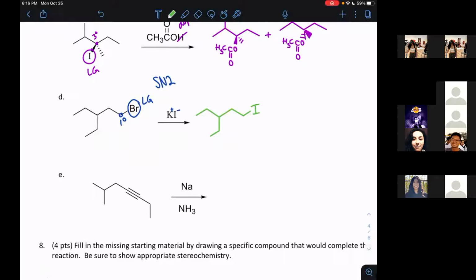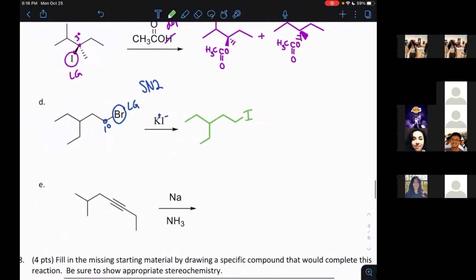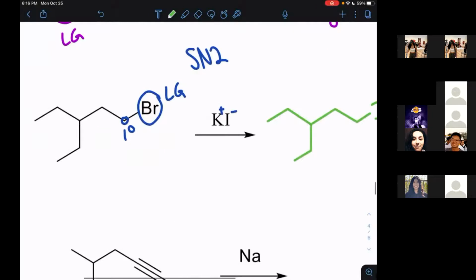If it were a chiral center, like if you had an extra carbon, I drew a little methyl for you, then you would just show whichever you choose with the wedge and dash and then plus enantiomer.